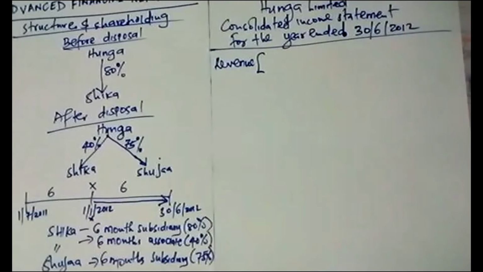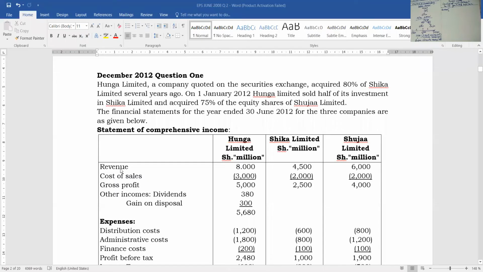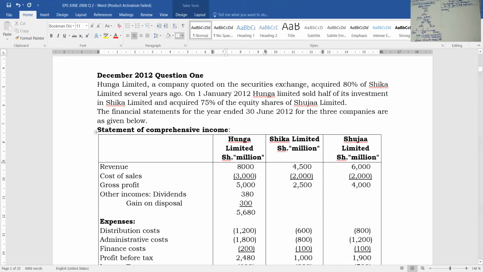For revenue, remember that you will be picking the transactions from your income statement the way they are. Revenue, I can see I have 80,000, not 8 point something. This is 8,000. This is 4,500, and this is 6,000. For Shika and Shuja, remember that they existed as subsidiaries for 6 months each. When you are doing consolidation, you take parent plus subsidiaries.